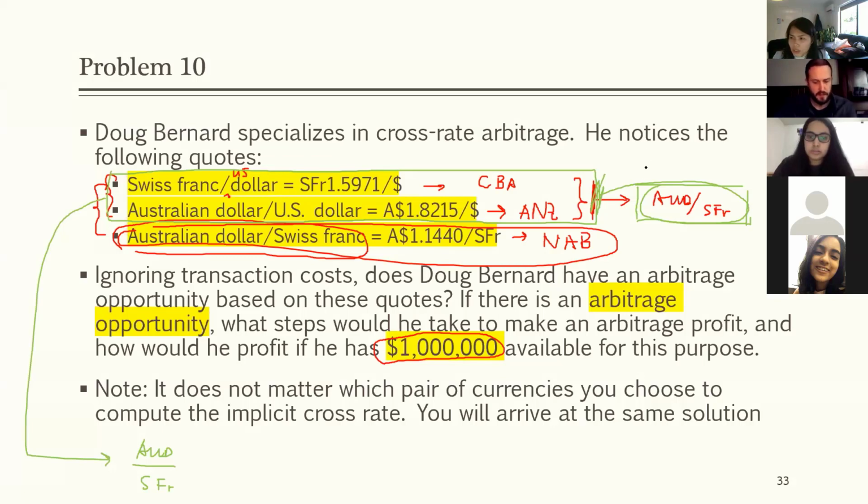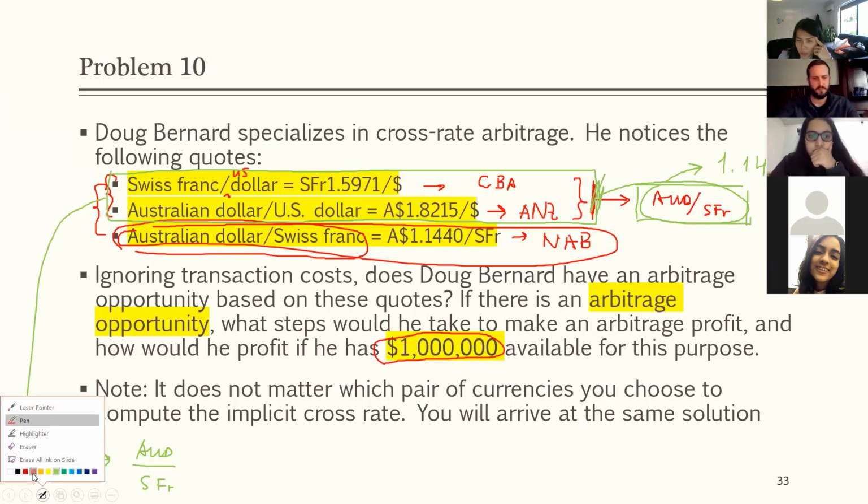All right, we just did this calculation before. We computed the cross rate Australian over Swiss franc for the first two quotes, and we found that the cross rate was 1.1405. If we compare that with the rate in the last row, it's a little bit different.